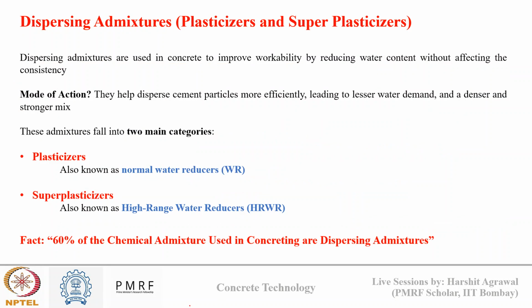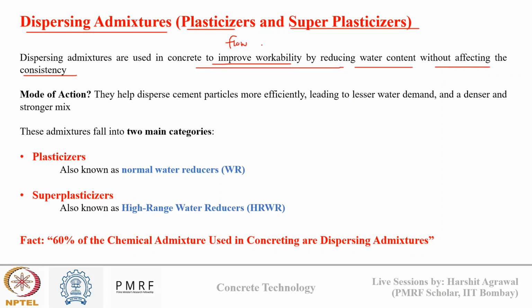So first, let's see dispersing admixtures, that includes plasticizers and superplasticizers. Dispersing admixtures are used in concrete to improve the workability by reducing the water content without affecting the consistency. Workability means the flowability of my concrete.